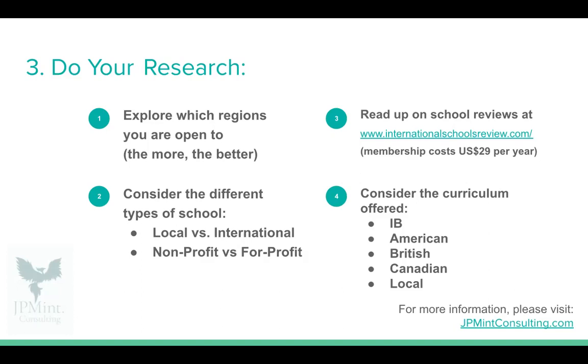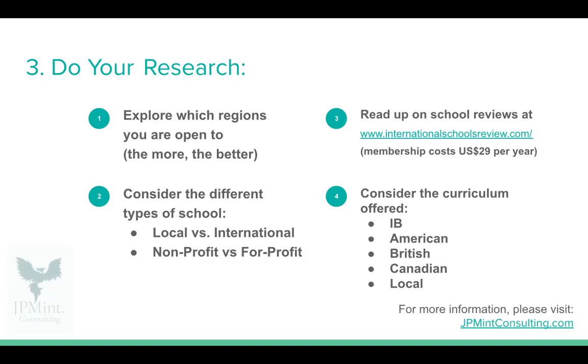And the 4th step to doing your research is considering the curriculum that's being offered. There's a lot of IB schools out there, and then there are American curriculum schools that use Common Core. There's British curriculum with IGCSE. Canadian curriculum might be Alberta, BC, Ontario provincial curriculum.